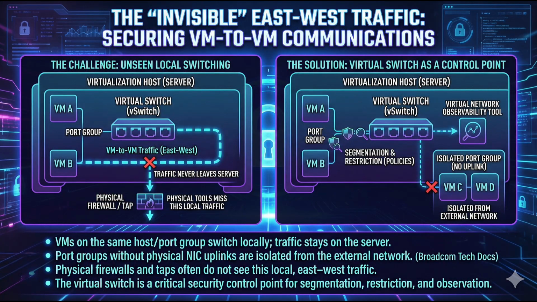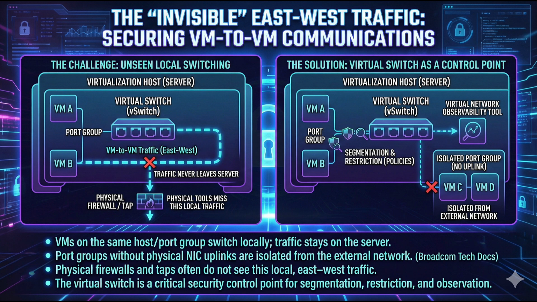Here's the key idea for securing VM to VM traffic on the same hardware. If two VMs are on the same host and the same port group, their traffic can be switched locally and never leave the server. Documentation even notes that if a port group has no physical NIC uplink, VMs in that port group can only communicate with each other, not the external network, because all traffic stays on the host.